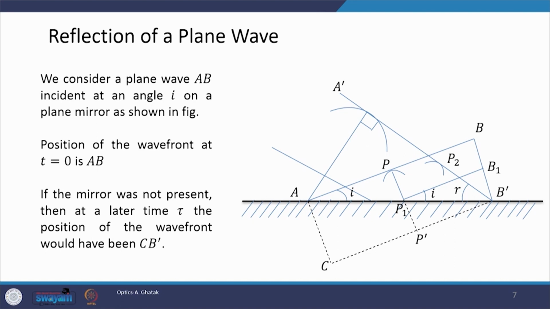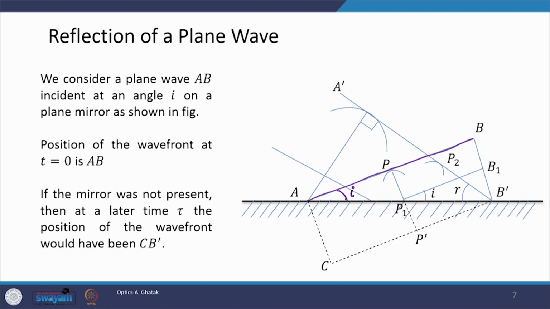Now, we will try to understand reflection using Huygens principle. We will start with the same concept. Suppose this APB represents a plane wave, which is falling obliquely at an angle i, the angle of incidence, on a mirror AB prime.